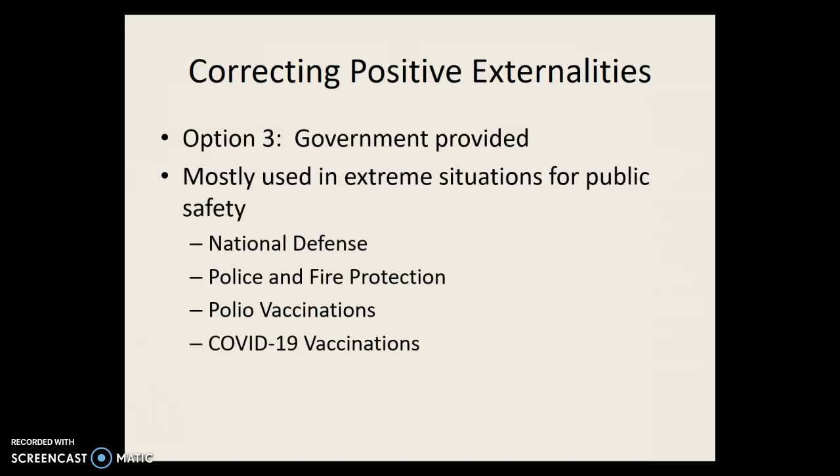More recently, of course, COVID-19. The COVID-19 vaccinations have been provided free of charge to those people who want them, and a lot of people are therefore getting the vaccines who otherwise would not have. And that again is to eliminate free riders from the program as much as possible, and of course to make our society safer and more healthy in the process.